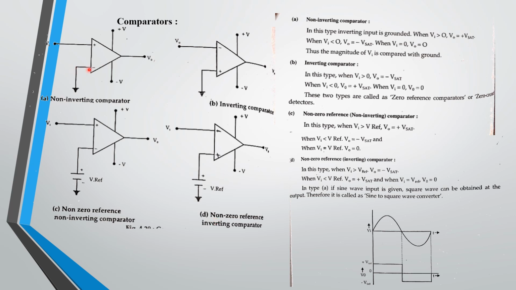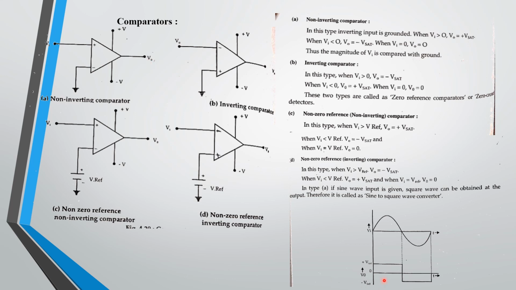In a comparator, the output voltage is equal to the saturation level. There is no feedback between output and input, so the output voltage saturates either to the plus saturation level or to the minus saturation level.